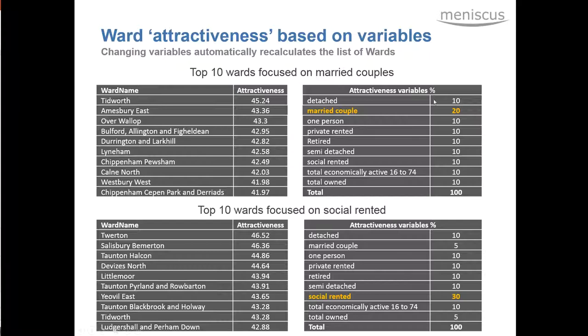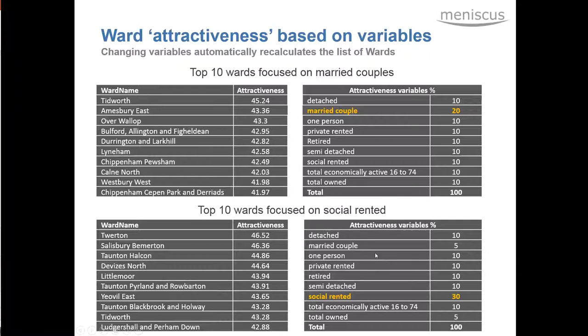So these metrics might be able to flag up the wards that would generate the highest water consumption if they applied those that did the surveys in those areas. And so that ranks the top 10 wards on that metric.